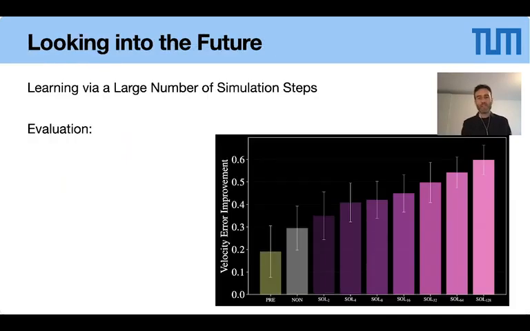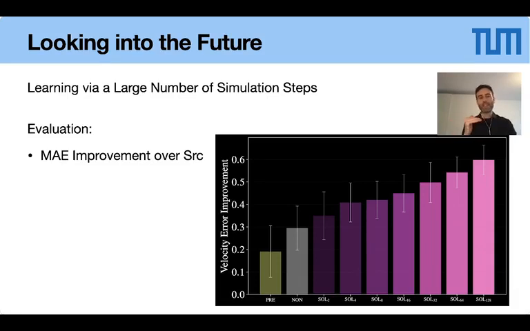So I've mentioned before that it's important to actually look ahead in time to do this unrolling. And here's a graph to illustrate how important that can be in practice. So now in this graph, we're actually looking at improvements in terms of the mean absolute error.